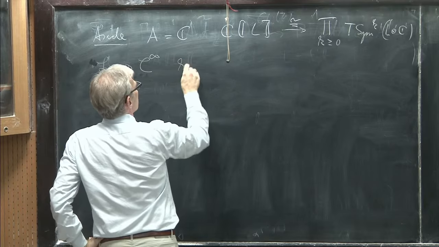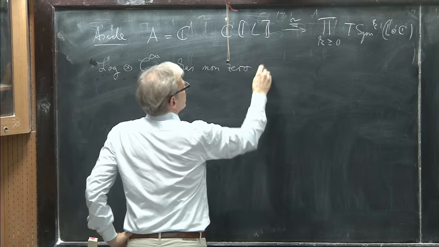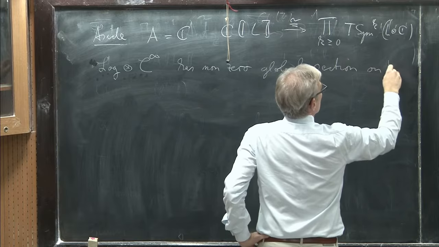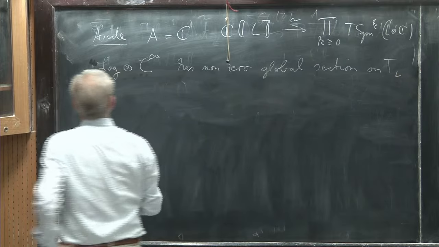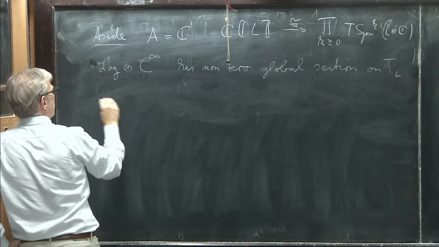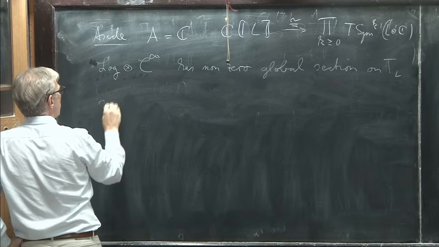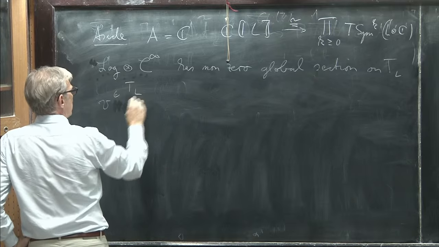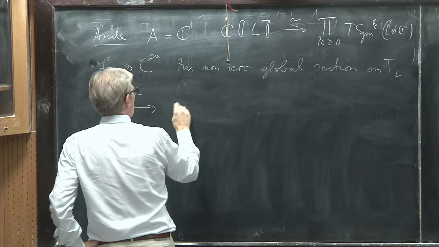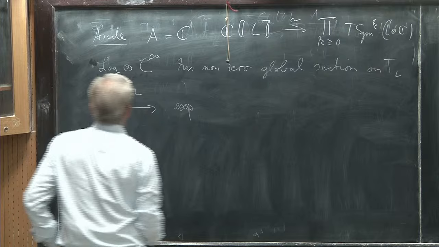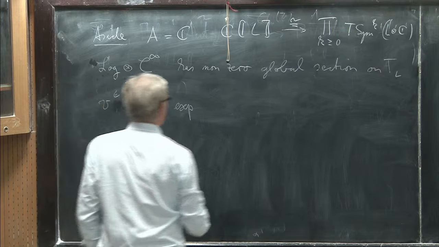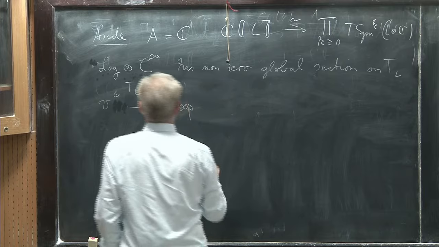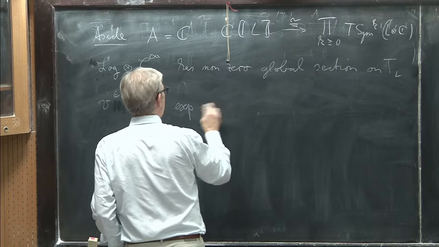It has a non-zero global section on the L, and that is just the section you send V on the torus to the exponential function of V.